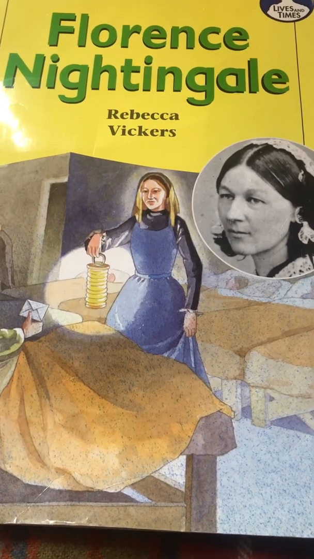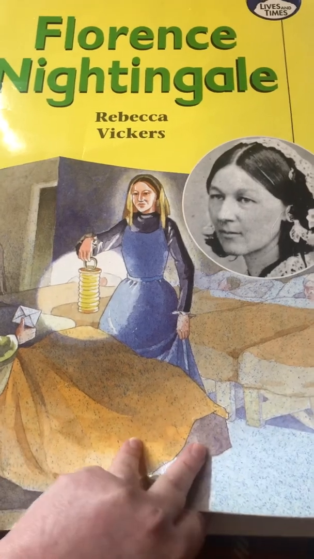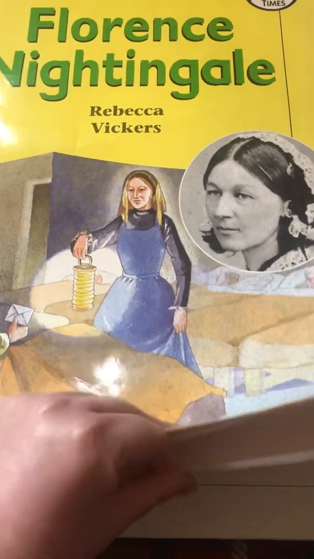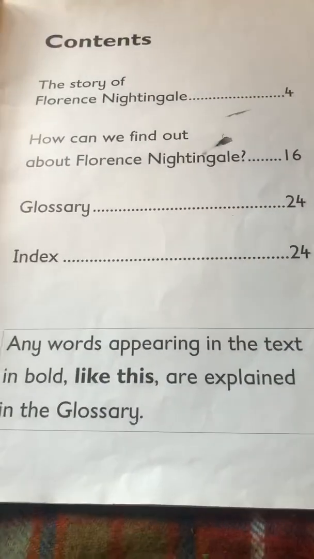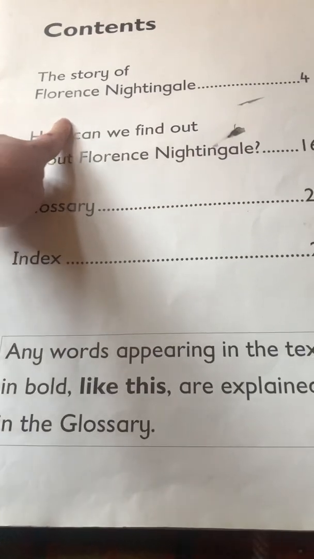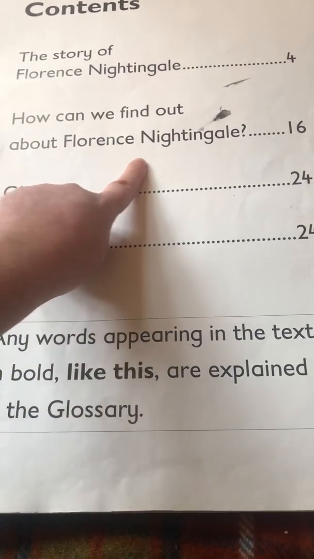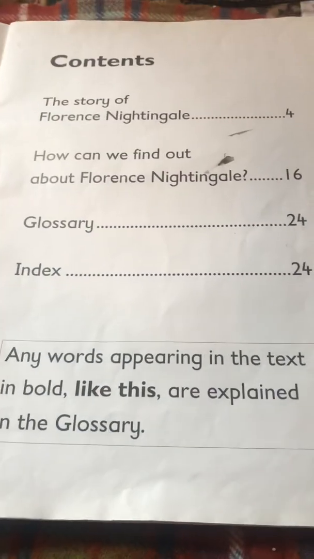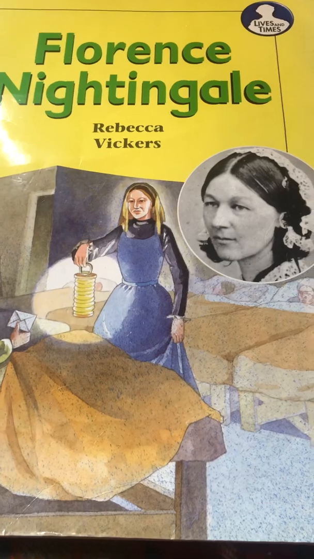It's a really good way of researching somebody and finding out information because the facts in it are real. And if I open the contents page of this book, you can see that I am able to find out lots of information about the story of her and about her as well. Okay, so that's one way that you can do research.